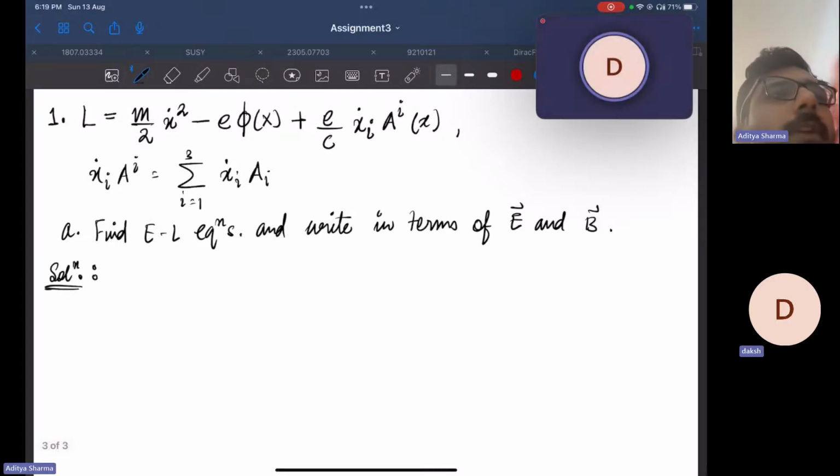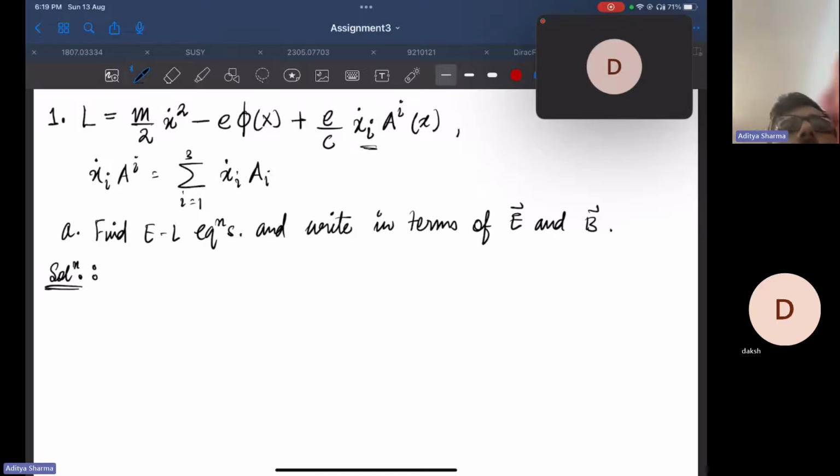And try to work in these notations only. Don't try to expand them, because the second problem which we are going to do, we are going to compactify all those notations and just do the proof of what was done in the video.